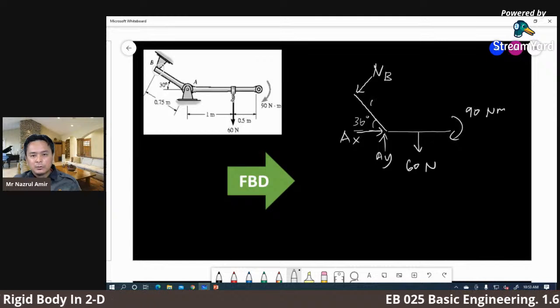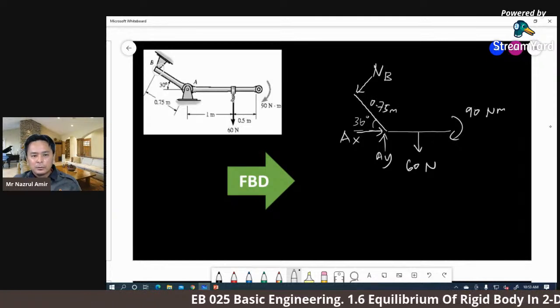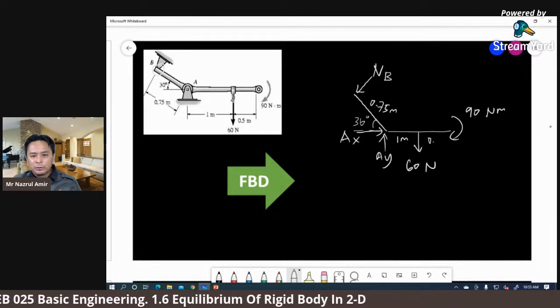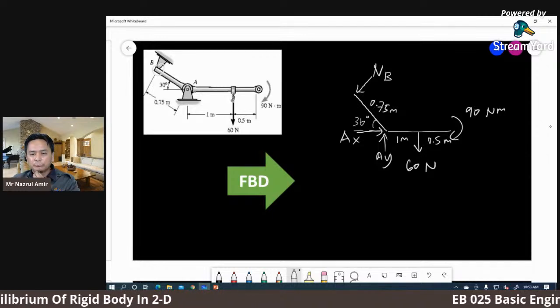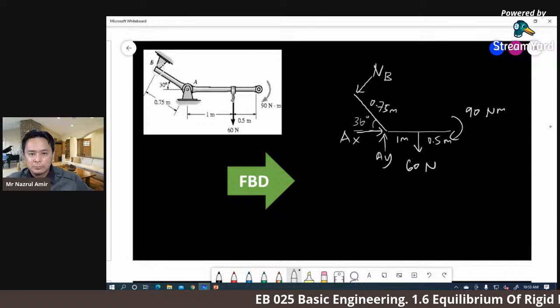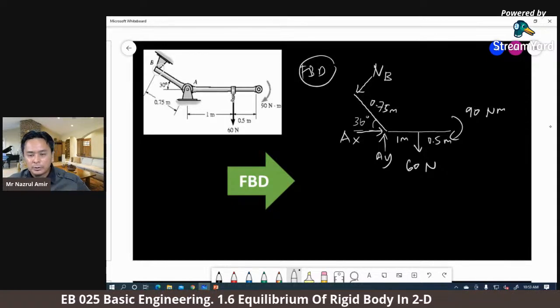Okay, this is 0.75 meter. This is 1 meter. This is 0.5 meter. Okay, that's all for the FBD. Okay, done FBD. Next equation.